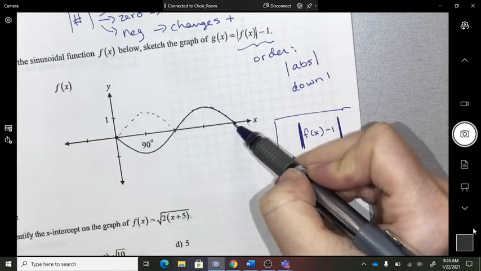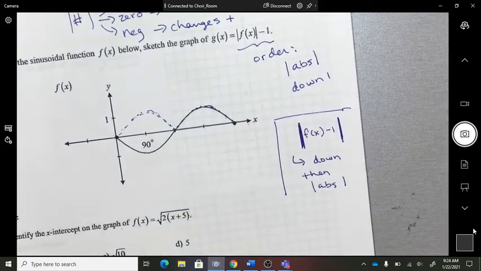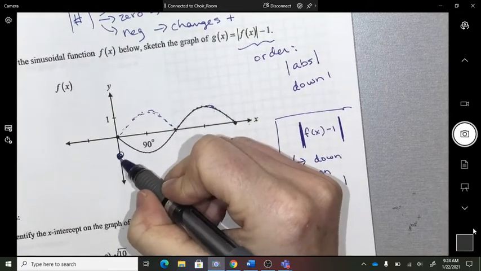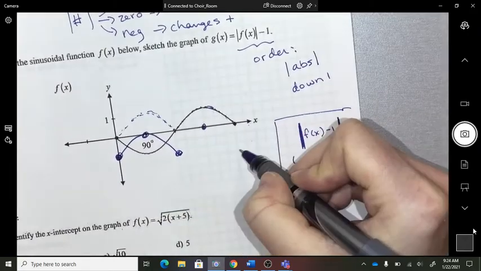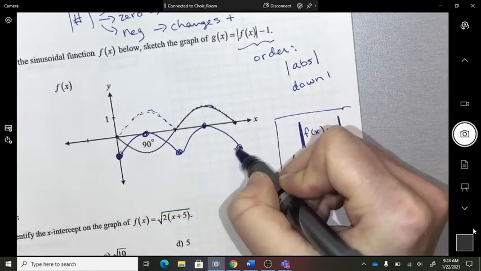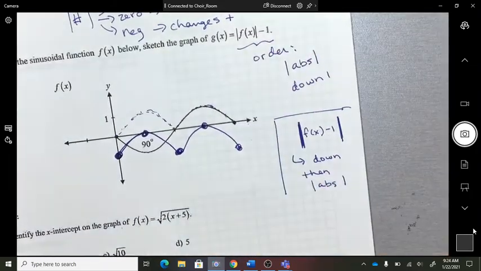And then this would actually just stay there, right? So it's kind of like I have 2 hills going on. So that's the absolute. So you're done that. And now take that and move it down. And that's your final graph. So I absoluted it, and then I shifted down.